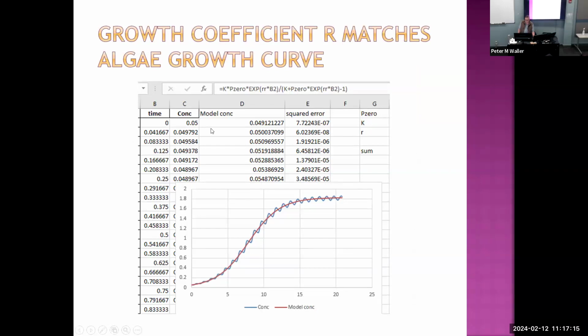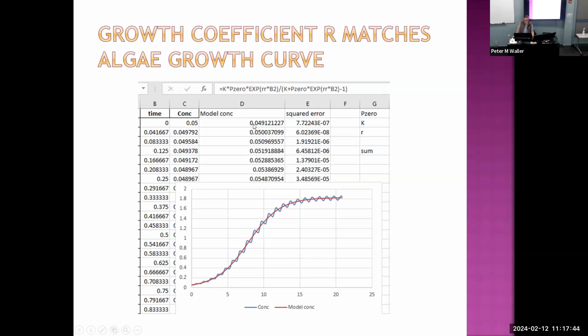You set up a least squares analysis, where in column D, you'll put in the analytic solution to the logistic model. Notice that this is in the shape of the logistic model. And then you'll have your model concentration here. That's where this equation is coming from.